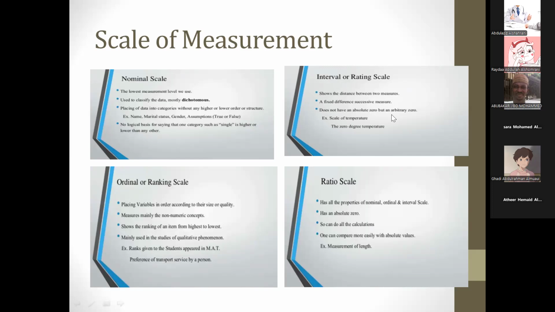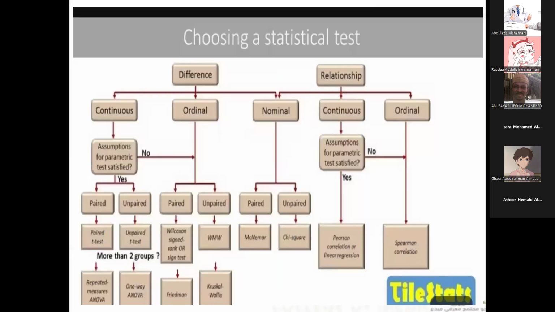The ratio scale has all the properties of the nominal, ordinal, and the rating scale. And it has an absolute zero point, unlike the interval scale, which doesn't have. So it can do all the calculations. Now, this is just a reminder about scales of measurement of the data before we go into the main thing.